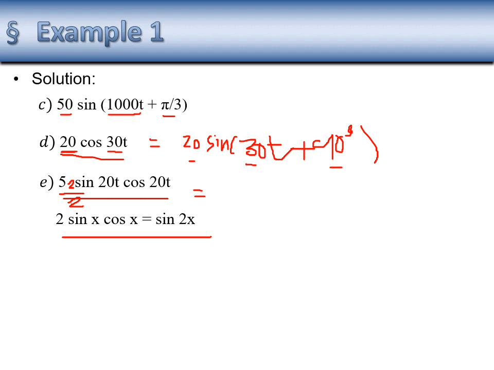This one that includes the 2 can be expressed as sine of 20 times 2, 40t, and then here we have 5/2. Okay, so there you are.